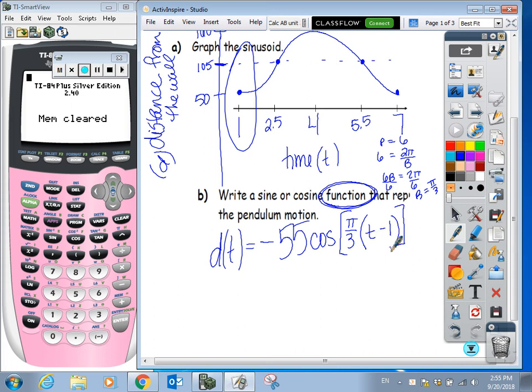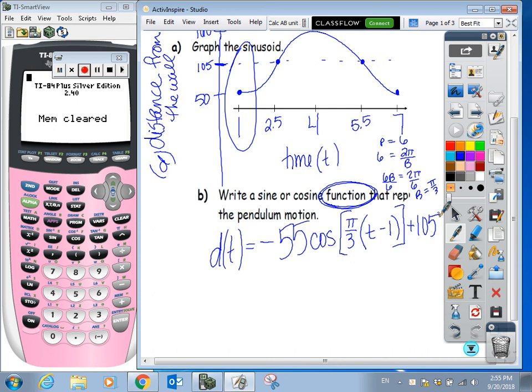Not on this one, unless you state that you're changing d to y and you're changing t to theta. Then plus 105. So there is your equation for that one.